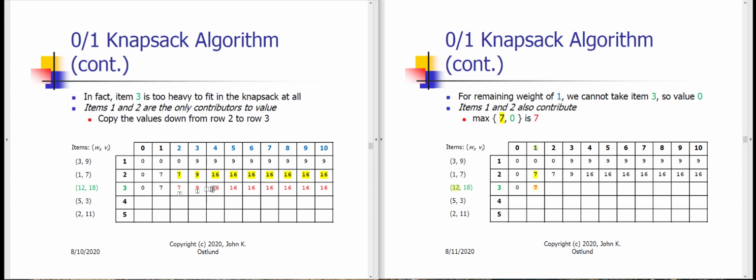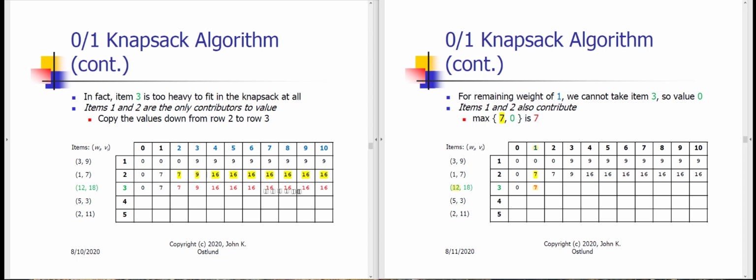Okay, we can't include item 3 that requires 12 units of weight in our knapsack, regardless of what amount of storage we have available, because we only have a knapsack that will fit up to 10 units of weight. So we just fill in all the remaining items in that row with the values in the row above.